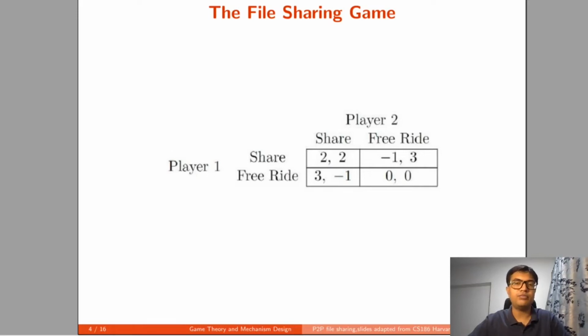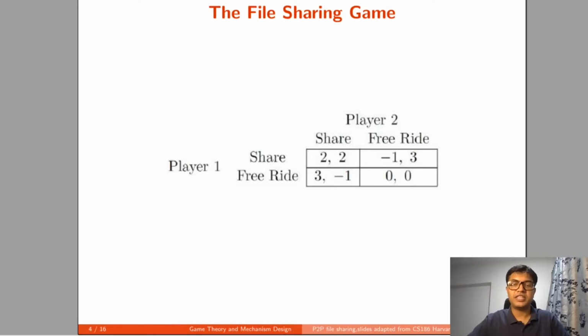If both of them share, then both get some positive payoff, which is denoted by 2. And if both of them try to free ride, then none of them shares anything, so they do not get any file either.